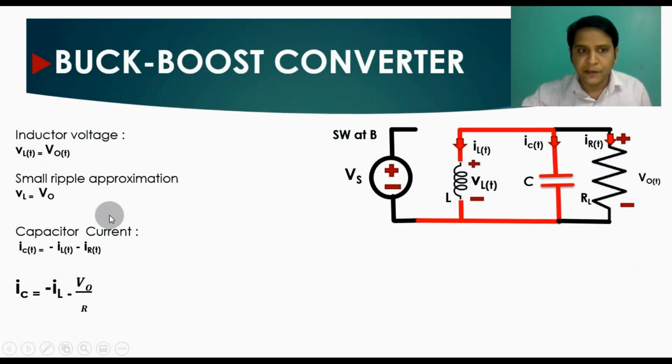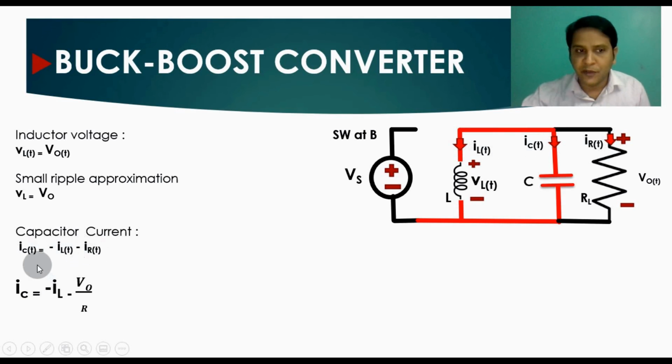The capacitor current iC(t) this time, if you apply KCL, Kirchhoff's current law, at this node, this current is going outwards, this current is going outwards, and this is also going outwards. So iL plus iC plus iR equals 0. If you solve for iC(t), you will find minus iL(t) minus iR(t).